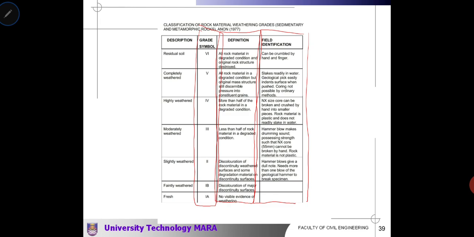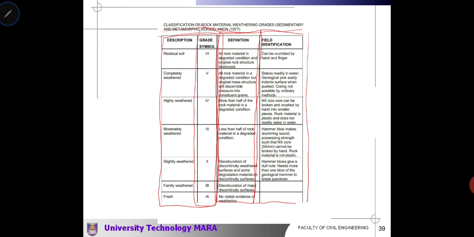So you can use this table, which is the classification of rock material weathering grades, sedimentary and metamorphic rock, according to Enon 1977. But it's already accepted if you have these two columns: the number of the grades and the name or description of that particular grade.